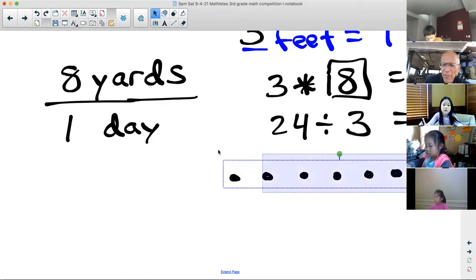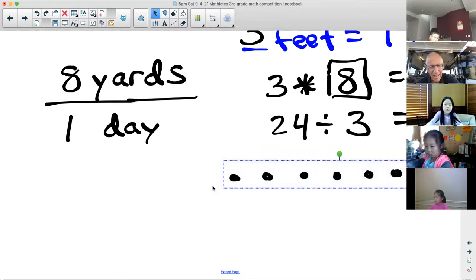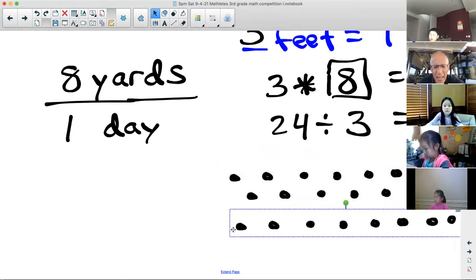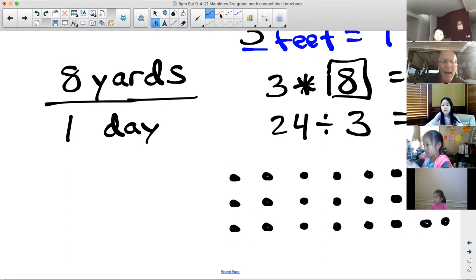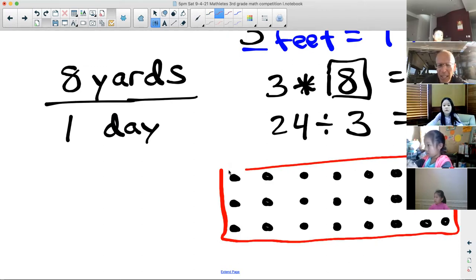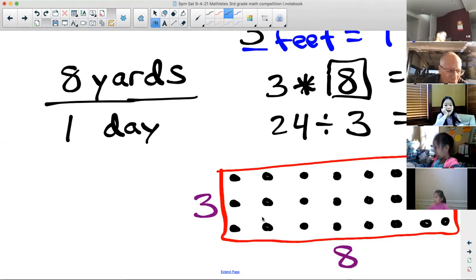If you drew 8 dots, and then you drew another 2 rows, then you would have 8 times 3. It's called an array. And you could count by 8s. You could count by 3s. We could even count by 6s. Who wants to decide what to count by?